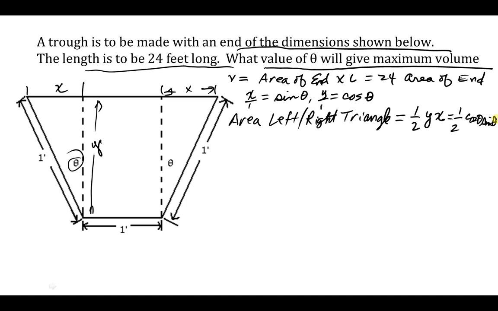To make that a little clearer, it's going to be 1/2 cosine of theta times sine of theta.